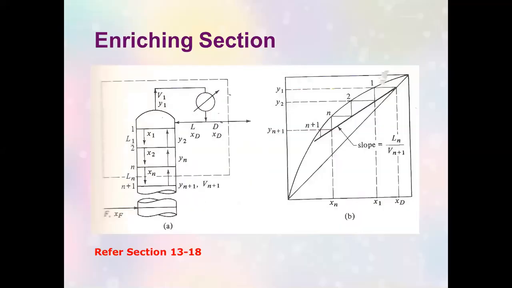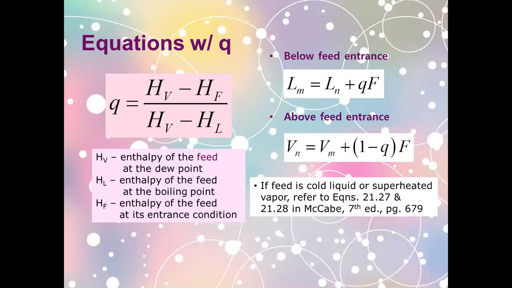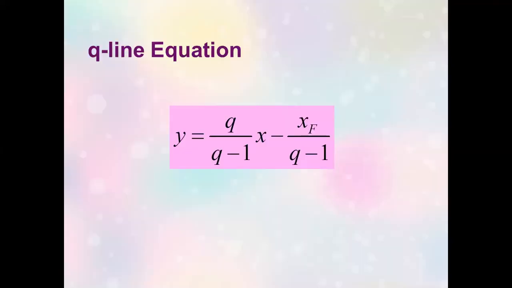Sorry. This is the equation of the Q line, which is dependent on the Q and the feed mole fraction. So your only unknowns here are x and y. So you will get the intersection of this equation and the equation for the enriching section operating line. That would be your pinch point already, Josh.